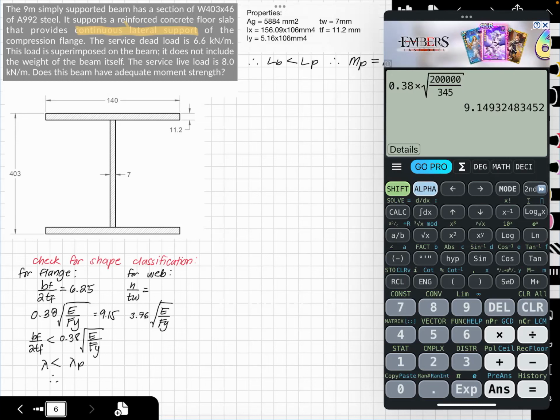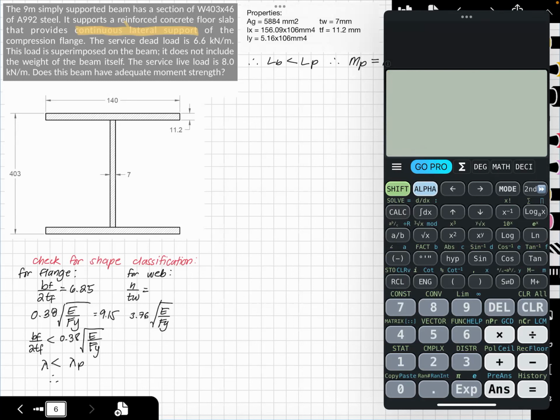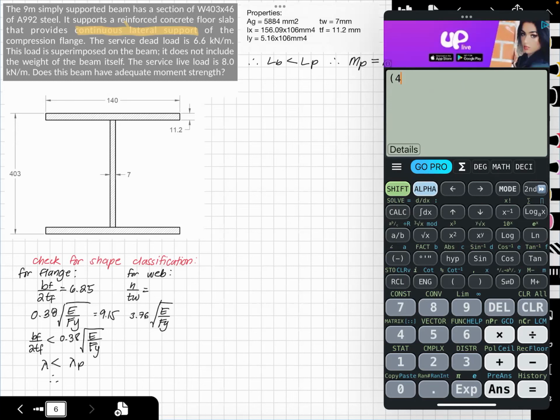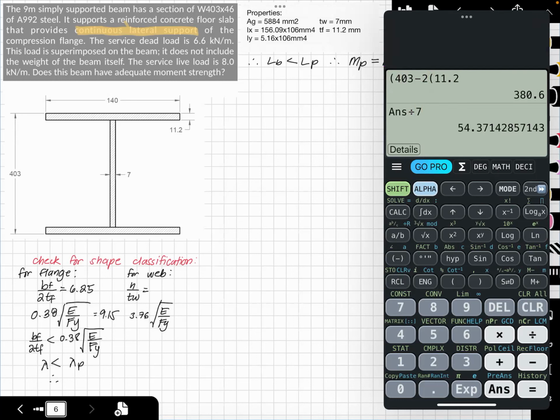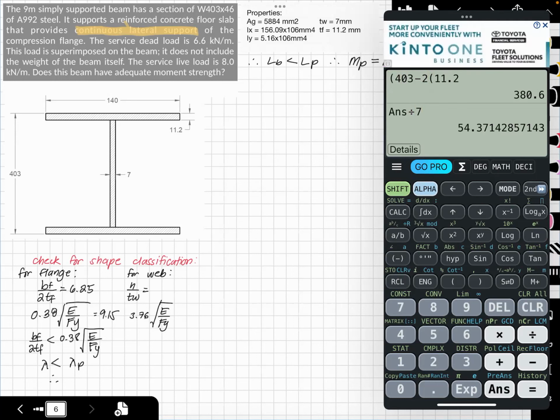Check muna natin yung h over tw pala. So, we have, ang h natin is just the height of the web itself. So, bale, we have 403 minus 2 times the thickness of the flange, 11.2. So, ito yung height, 380.6 divided by the thickness of the web, 7. So, we have 54.37.